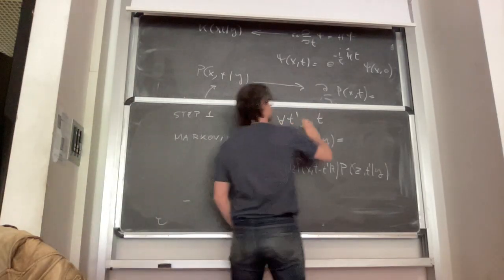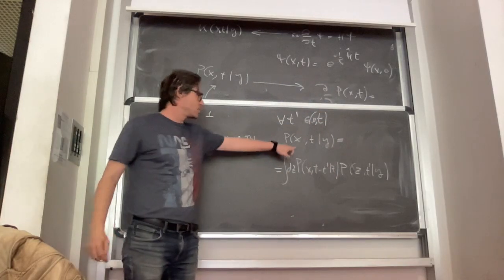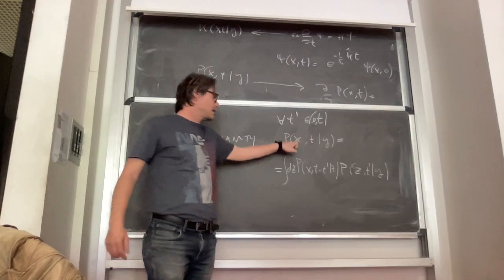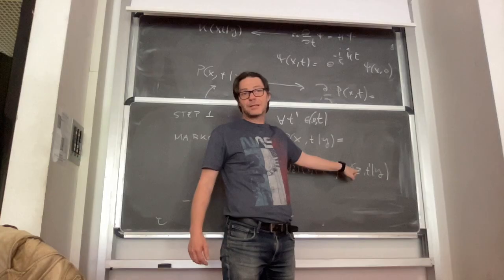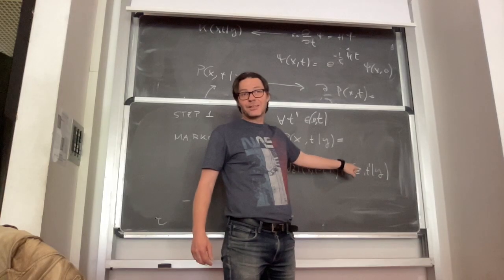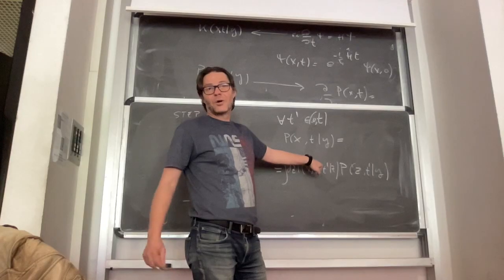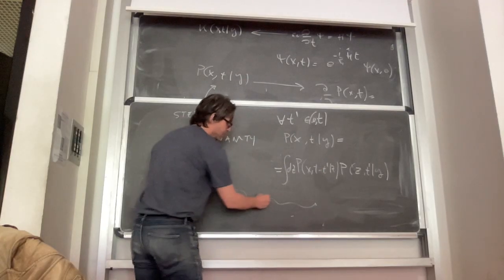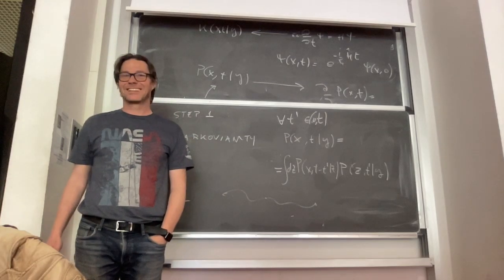Well, let's say for any time between 0 and t, the probability to go from y to x is the probability to go from y to some other position in time t prime, and from that position to x in the remaining time. Why? Because to go from A to B, you have to be somewhere at some intermediate time.